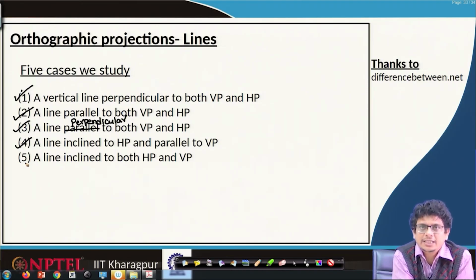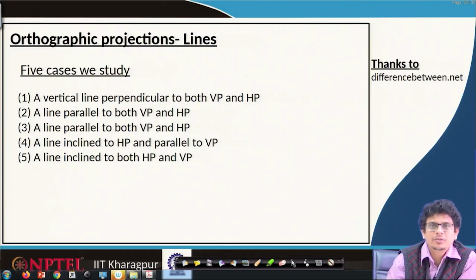If such kinds of lines are there, how to project them onto the vertical plane and horizontal plane and get the information. The simple strategy is, if we know one of the points, project that onto the horizontal plane and vertical plane. Similarly, the other end of the line also project it, and suitably connect these projections. That is the way we will be in a position to join the projections onto different planes.